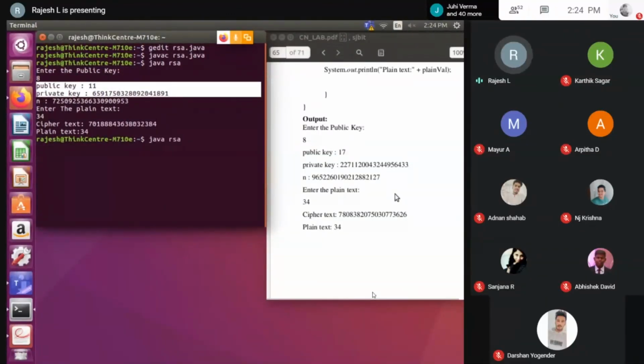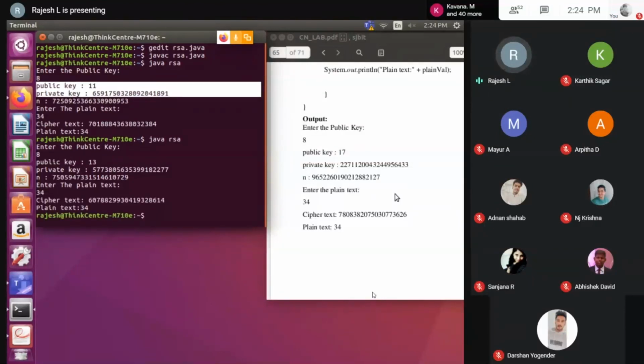Once again, let us look into this. I'll use the same value, I'll give 34. Now look at the changes that happened in generating the public and private keys using the RSA algorithm.